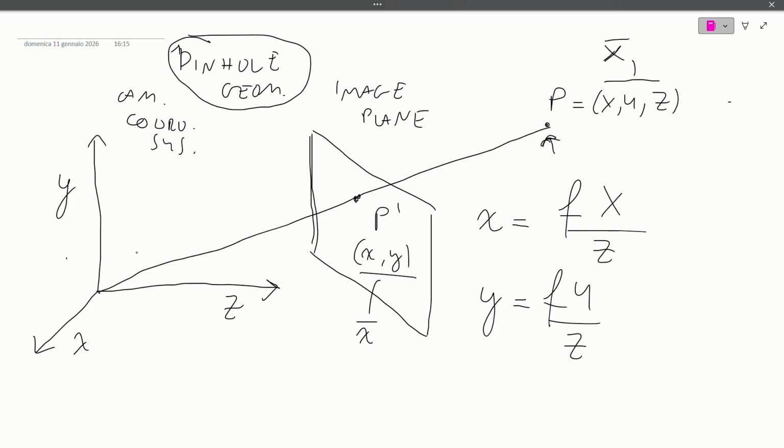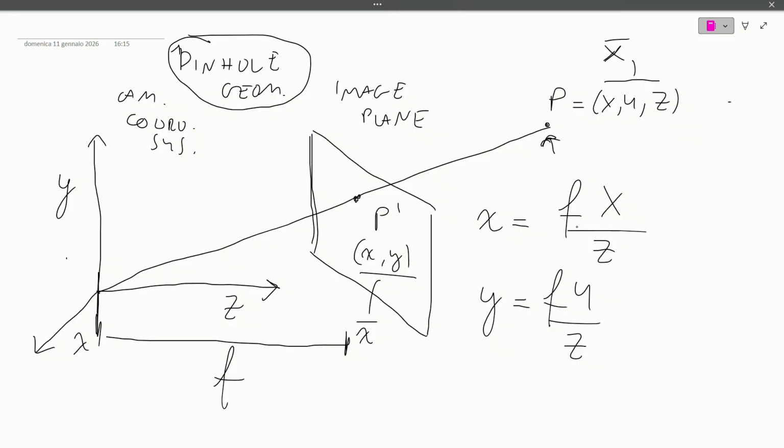The focal distance is the distance between the coordinate system here and the image plane. Okay, f. It exists, but it's just theoretical. We can estimate it. We cannot measure it.